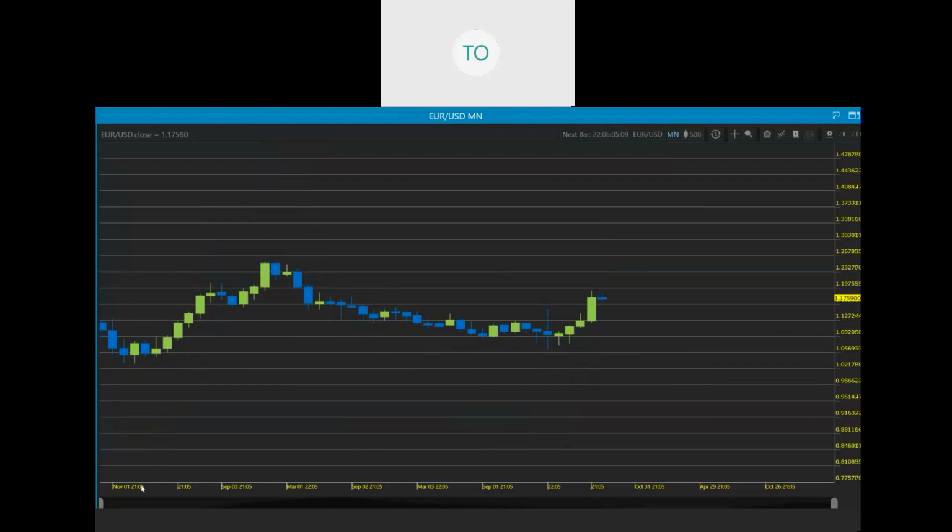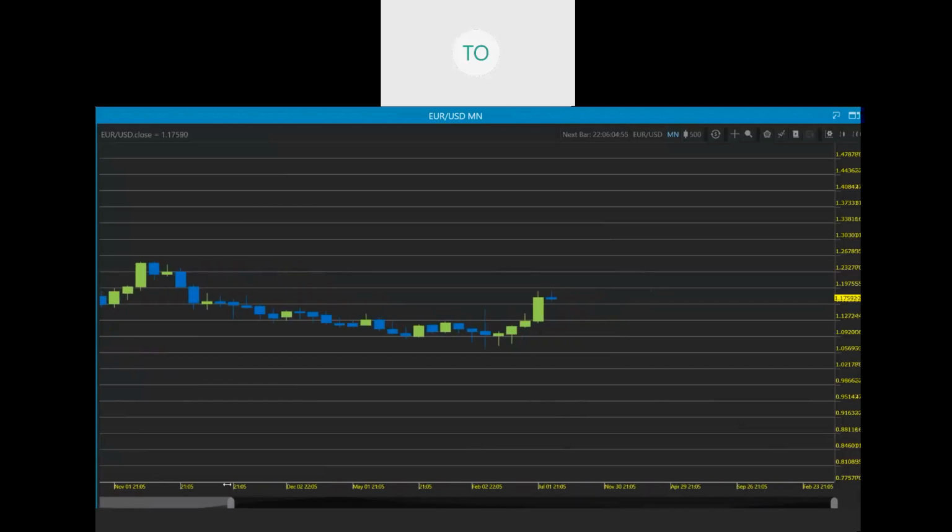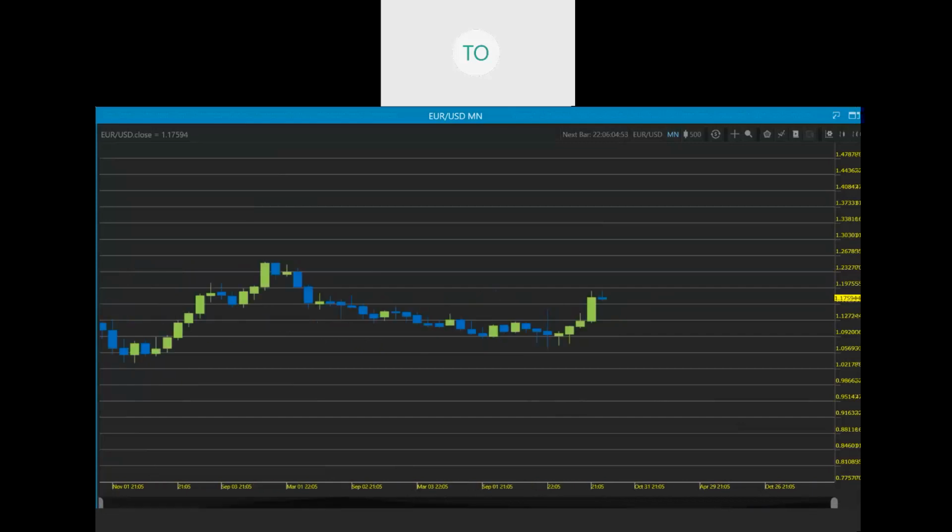I think this chart allows... let's see, 2005. So it can go way back depending on the chart and the broker, their system. Let me see the other one.